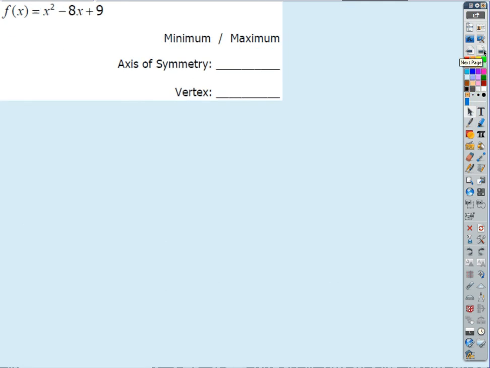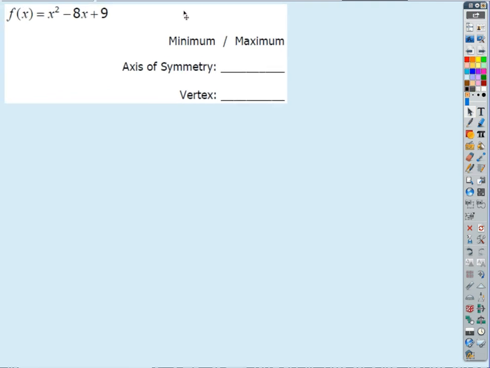So what about this one? Tatum, is that going to have a minimum or a maximum? Minimum, good. And how come? Because a is positive. Okay, so a is greater than 0, so we have a minimum.